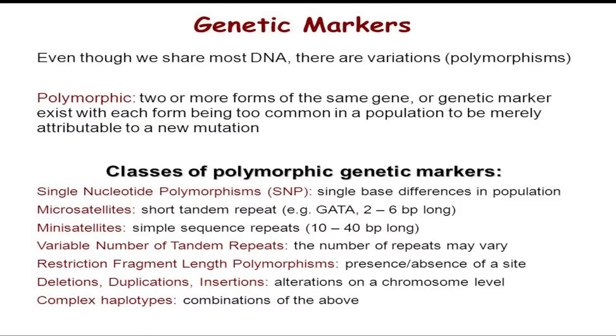Minisatellites, simple sequence repeats, are from 10 till 40 base pairs long. Variable number of tandem repeats: there are many repeats and the number may vary. Restriction fragment length polymorphism: presence or absence of a site. Deletion, duplication, insertion are alterations at the chromosome level. And complex haplotypes are a combination of the above.